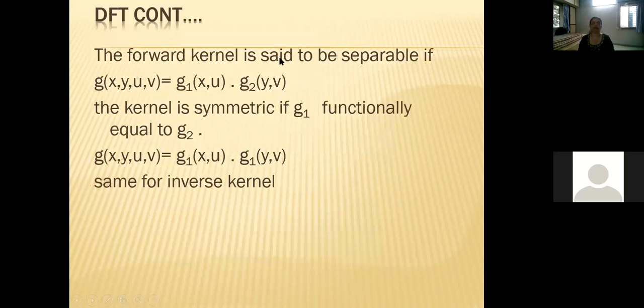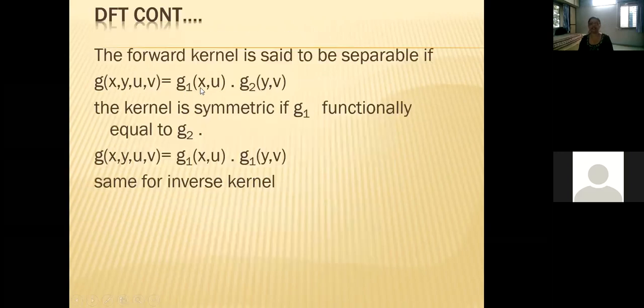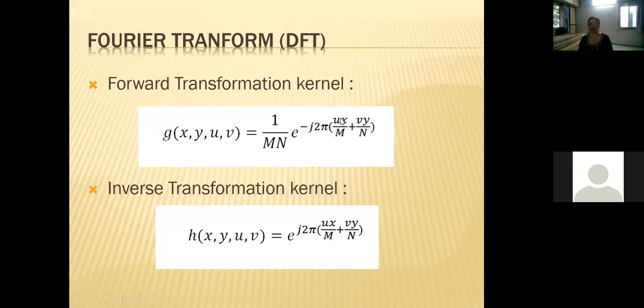Now the forward kernel, we have already studied this, so I'm skipping this slide. We can separate this forward transformation kernel of the Fourier transform into two components, g1(x,u) and g2(y,v). That's why the transform is separable, and it is symmetric as g1(x,u) is the same as g2(y,v), because both of them are e raised to minus j 2 pi ux by m and e raised to minus j 2 pi vy by n.